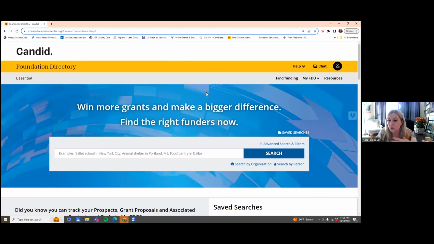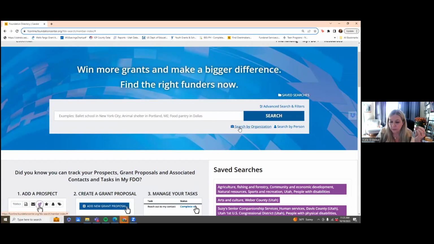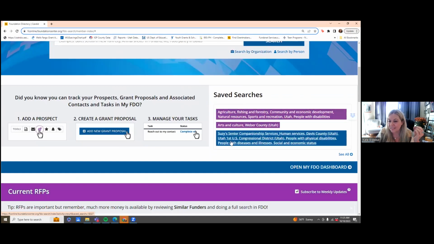It's an amazing tool. Because I do this so often, I have my own account there, but the United Way account is more robust than what I have. I think there are 3 or 4 levels that you can buy into. You can see all the ones that I've saved as well. So let's say I want to look at arts and culture in Weber County.